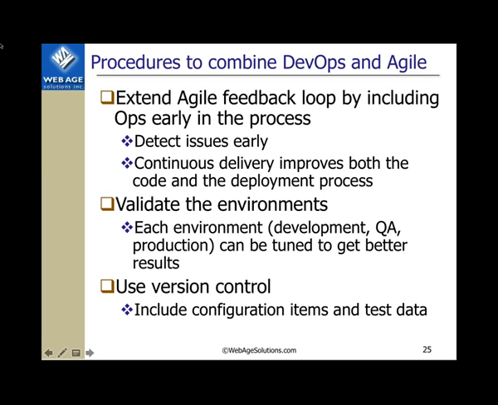So the environment that I'm actually doing my build and integration test in, parts of the development environment, is structurally and maybe even from a size point of view similar to what I'm doing in QA, to what I'm doing in production. And by making sure that these environments have a high degree of correspondence, it removes one of the sources of common operational issues where the environment that I developed and tested in isn't quite the same as the environment that I actually deploy in.